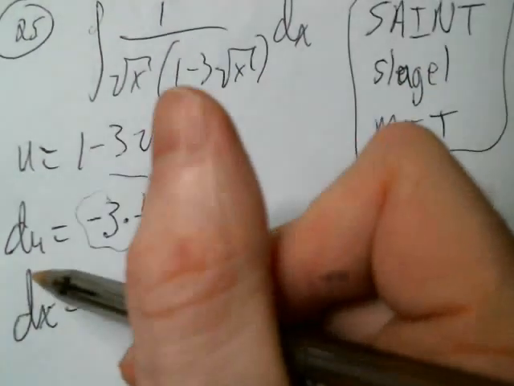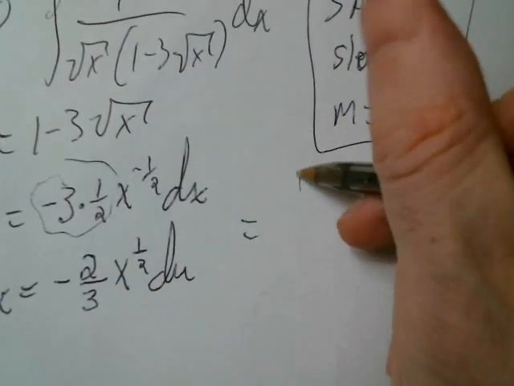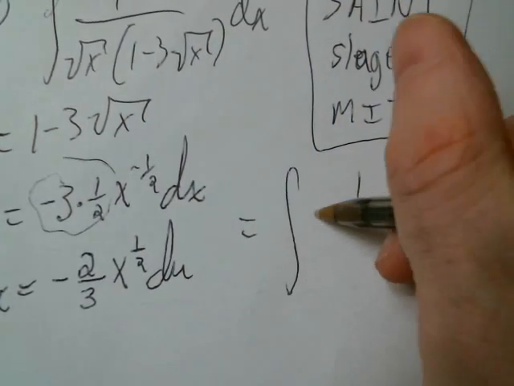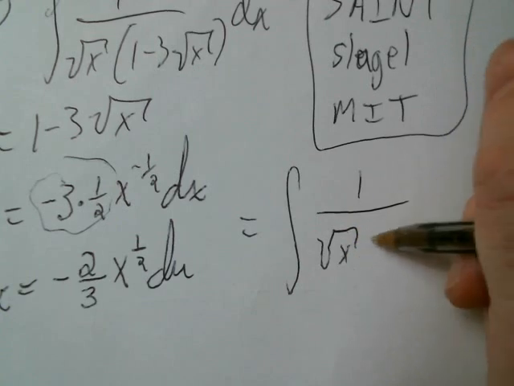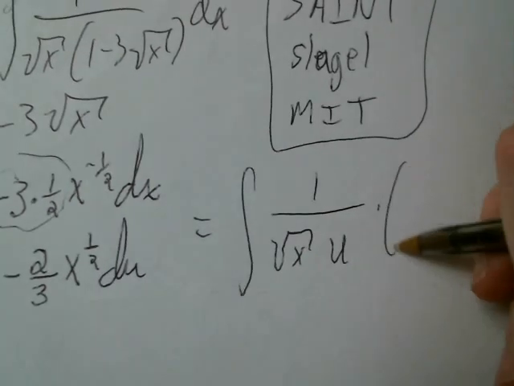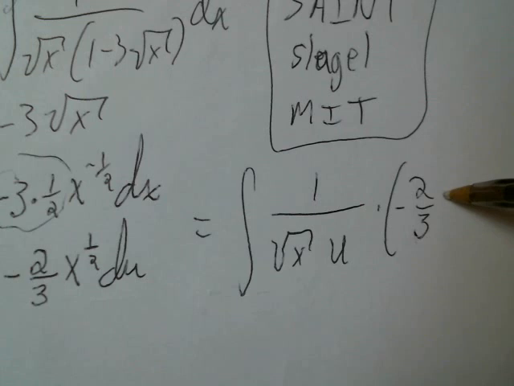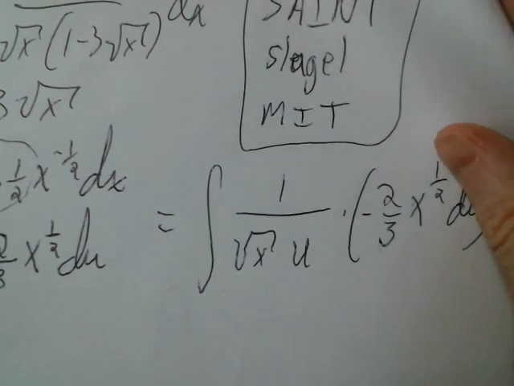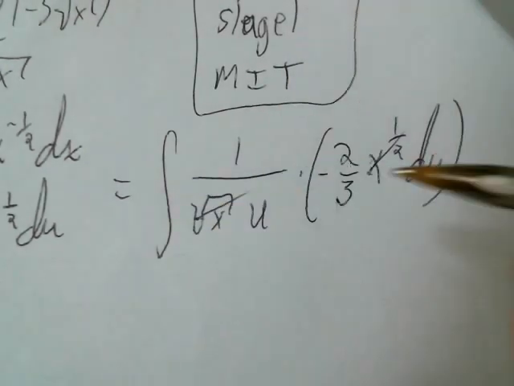So I'm going to do my replacements and hope everything cancels. I get 1 all over the square root of x times u times du, which is now negative 2/3 x to the 1/2 du. Certainly the x to the 1/2 will cancel.